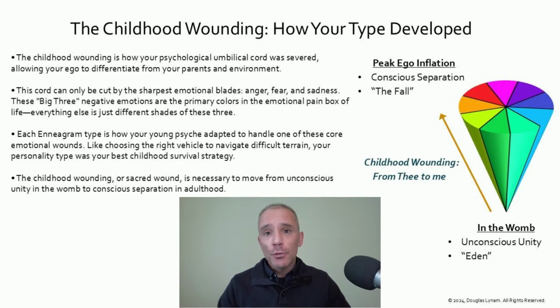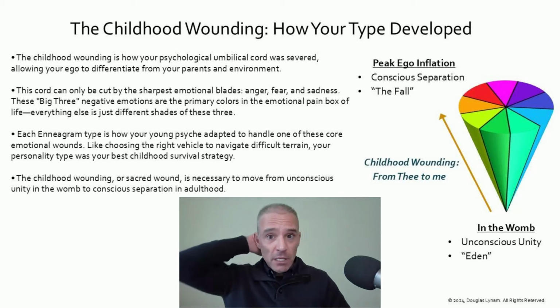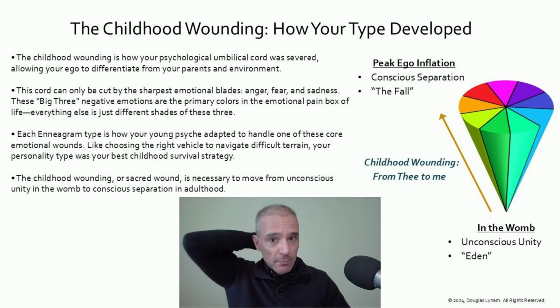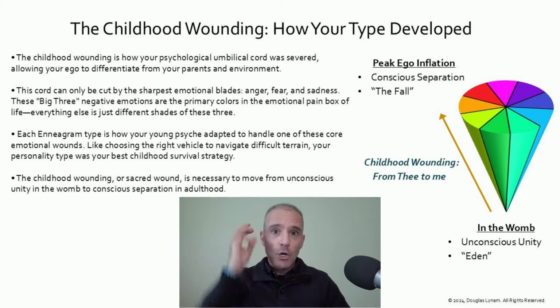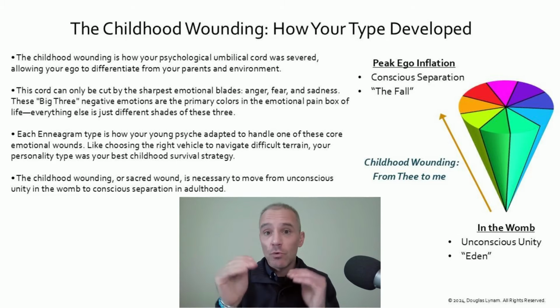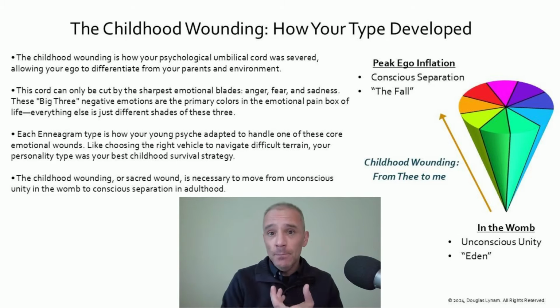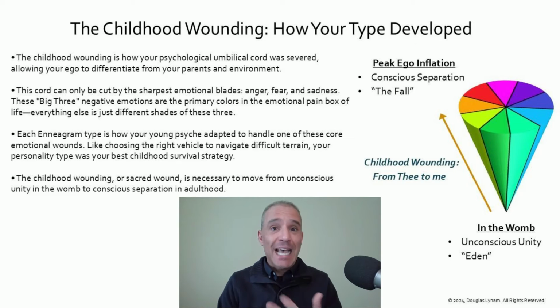We know this from the work of the pioneering affective neuroscientist Jaak Panksepp, that in all mammals, in the mammalian brain, in the mid-limbic region, there are three core negative emotions that all the other negative emotions ride on top of: anger, fear, and sadness.